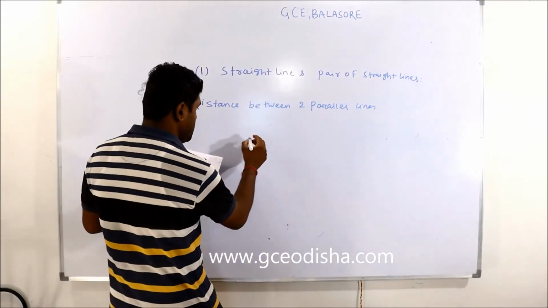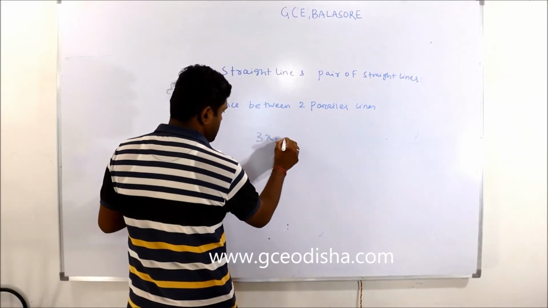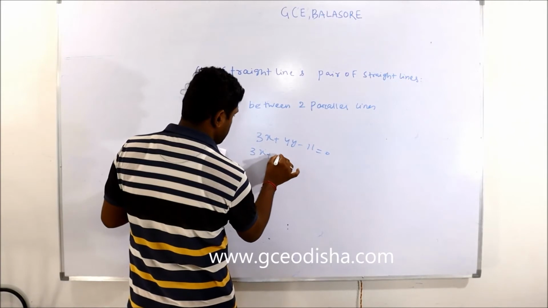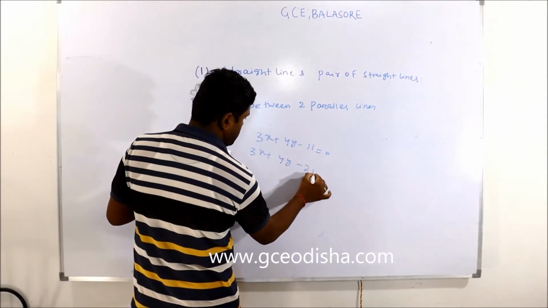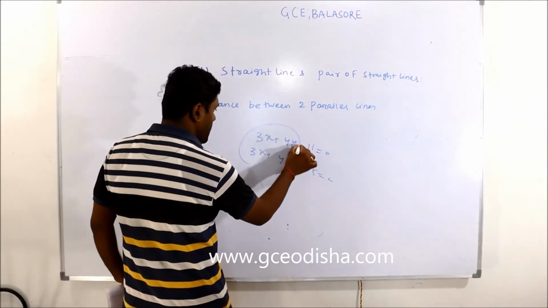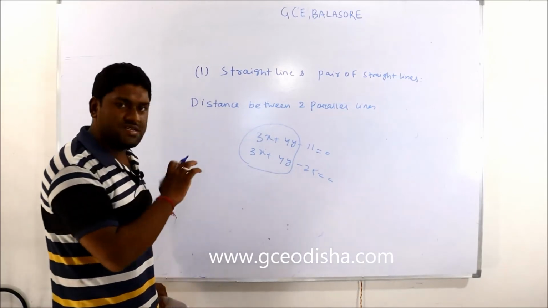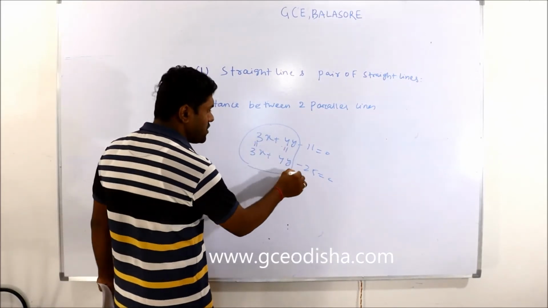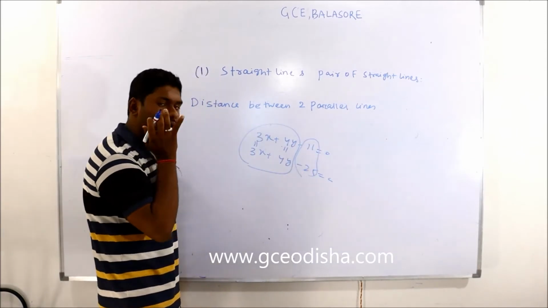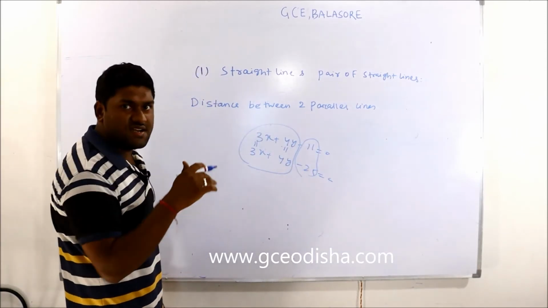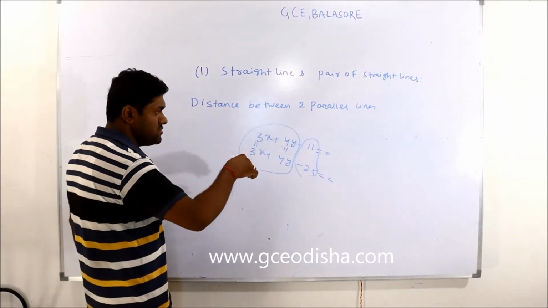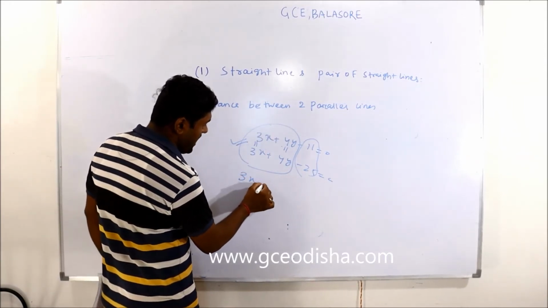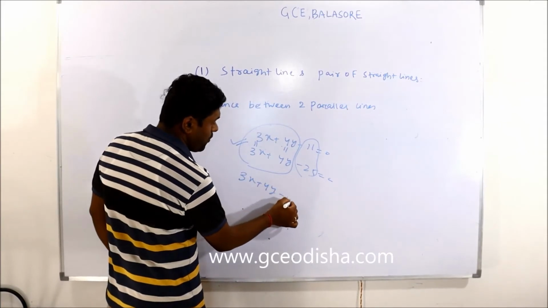Another type is like one is 3x plus 4y minus 11 is equal to 0, another is 3x plus 4y minus 25 is equal to 0. In this type, the coefficients are the same. Coefficient of x and coefficient of y are the same, but the constants C1 and C2 are different.